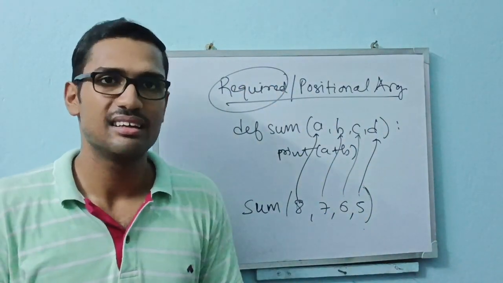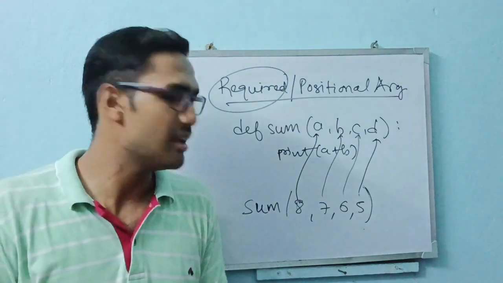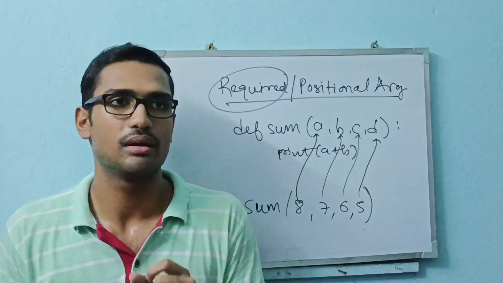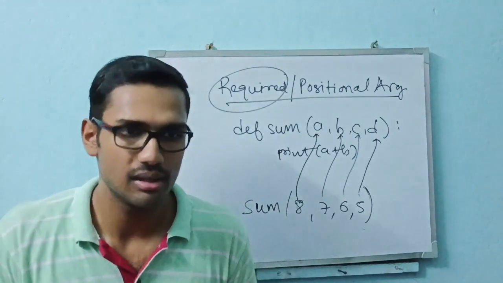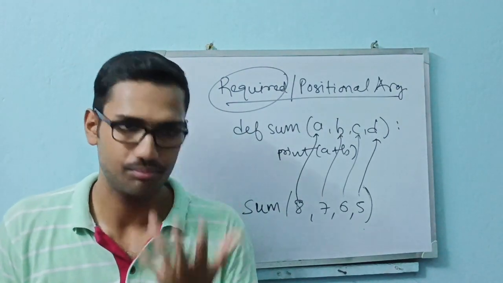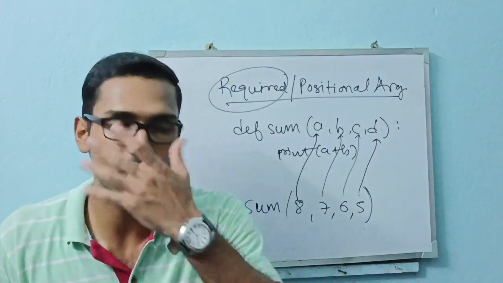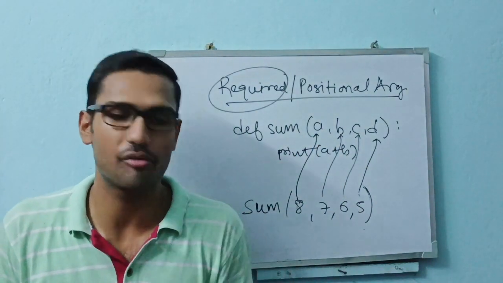And yes, the topic is completed. Very simple. Now in today's practical class, I will create a void function, and I will try to define the same sum of numbers, sum of 4 numbers or 5 numbers.